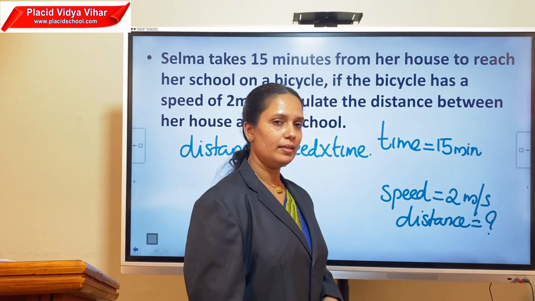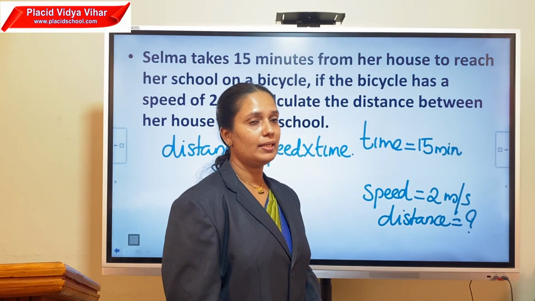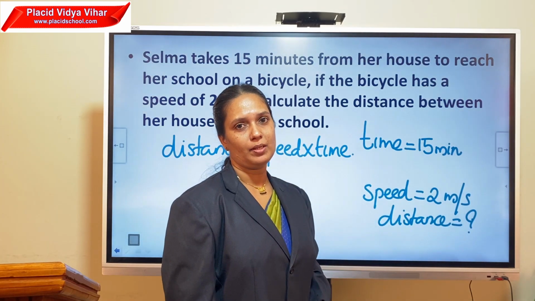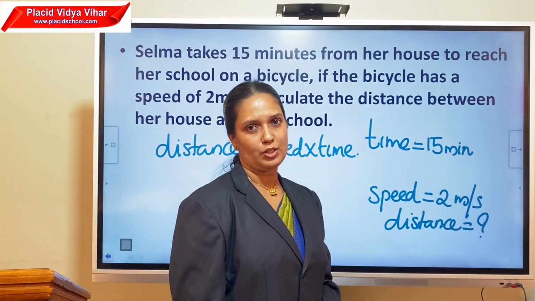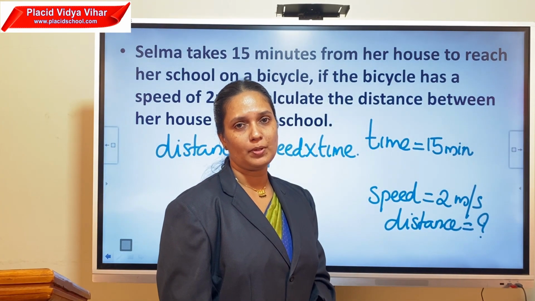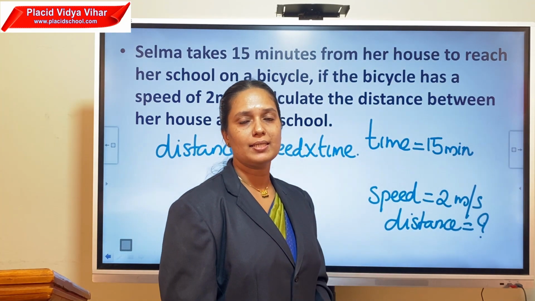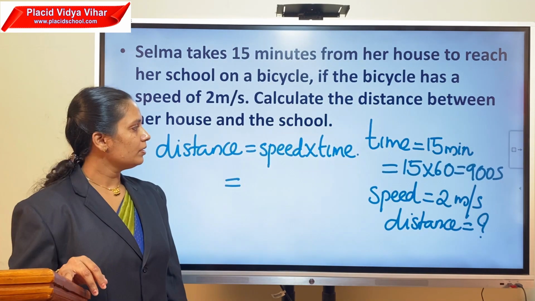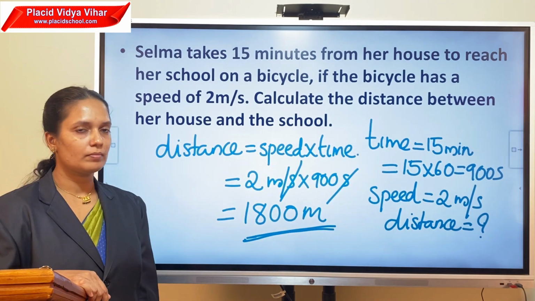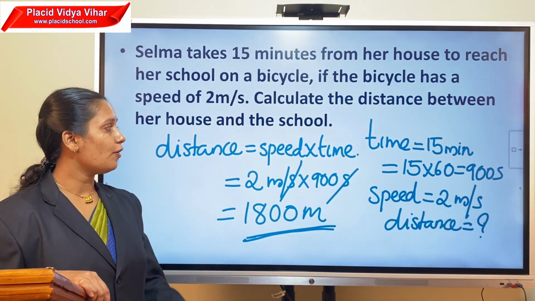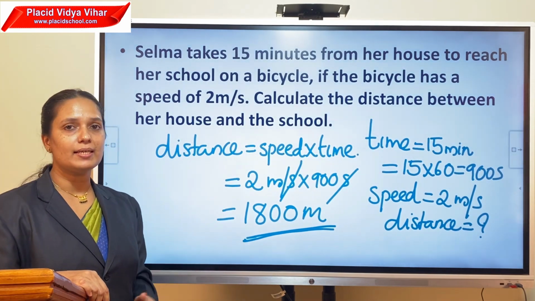As you can see here, speed is expressed in meter per second, but time is expressed in minutes. So first we have to convert minutes into seconds. You know 1 minute equals 60 seconds. So 15 minutes equals 15 into 60. Now we can substitute the values of time and speed. After substituting the values of speed and time, you will get distance is 1800 meters.